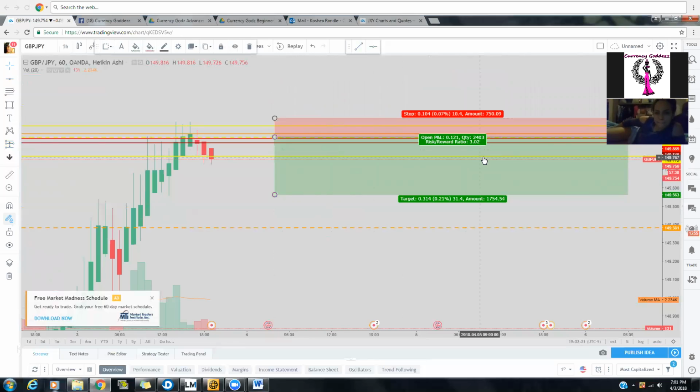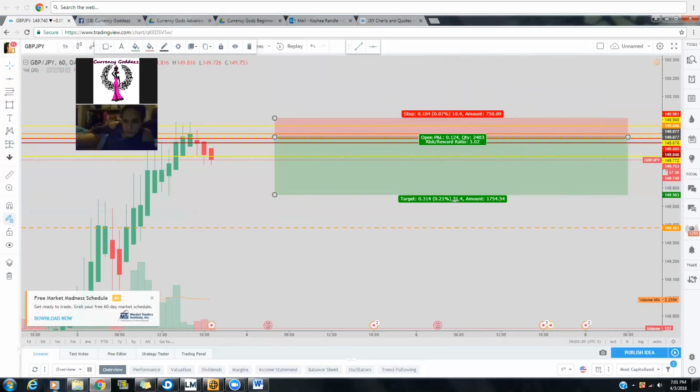All right. So I currently have it at 3.2. So you're risking 10 pips to gain 31 pips. That's your 3-to-1 ratio. If you look over here in the corner on this side, you're going to have your numbers for your entry, I mean your stop loss and your take profit.